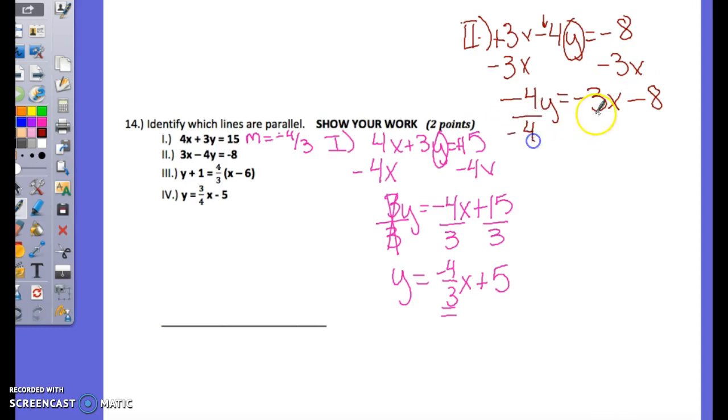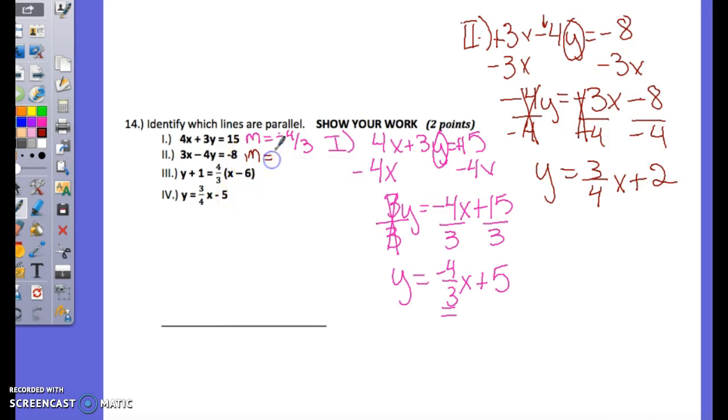Divide everything by negative 4, and I get y equals, your negatives cancel, 3/4 x. Negative divided by a negative is a positive 2. So for 2, your slope is positive 3/4.